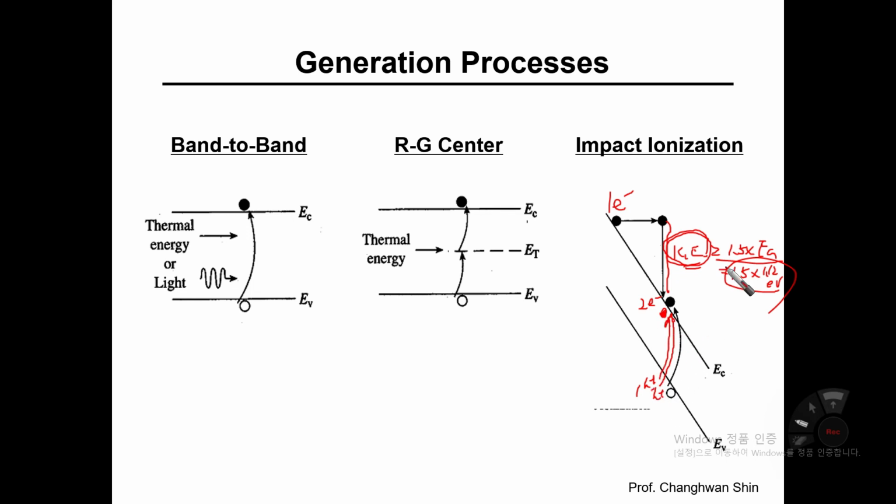Here, 0.5, so 50% of the band gap energy has been used to ignite the first electron hole pairs. Do you know this word, ignite? 발화시키다 in Korean.